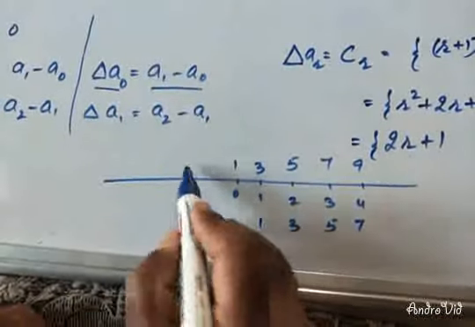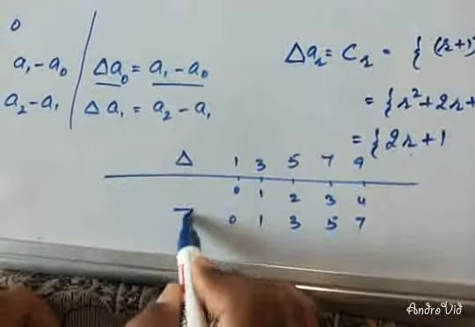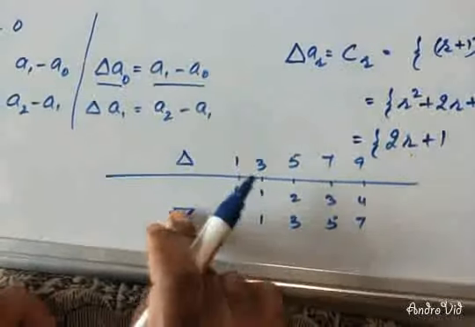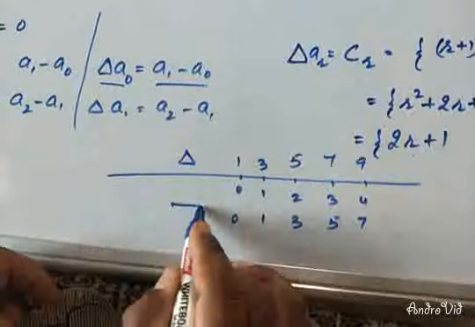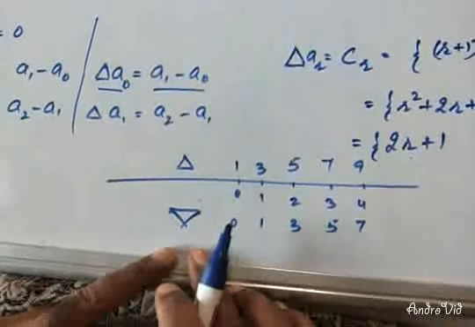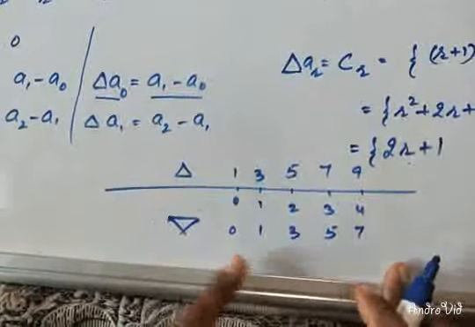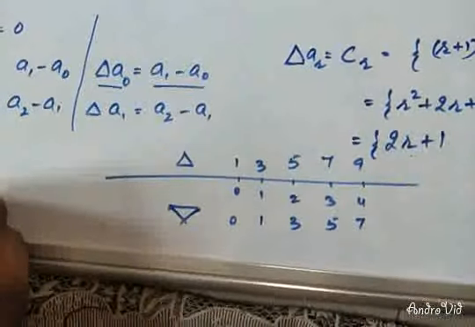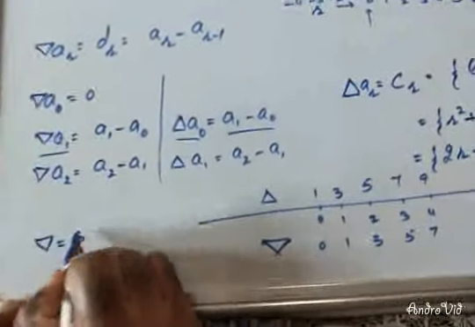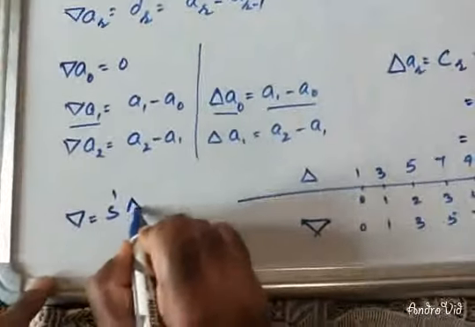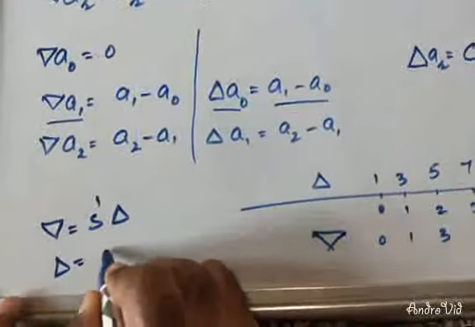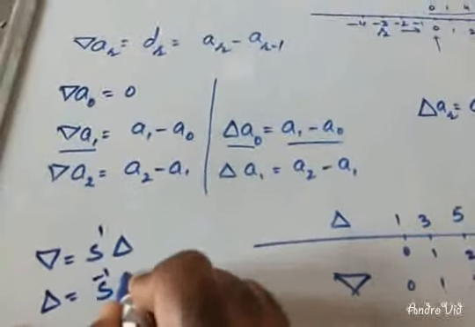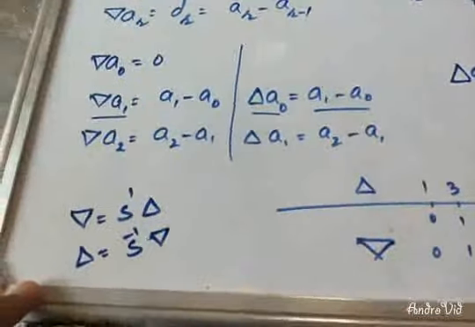So this is forward delta, this is backward delta. So backward delta is one shifted value of forward delta, and forward delta is nothing but one negative shifted value of backward delta.